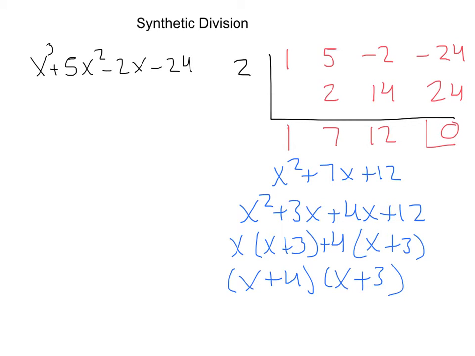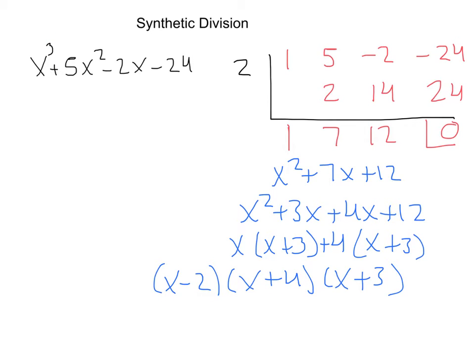The other thing we have to do is we had this 2 up here to begin with, and it's always going to be x minus whatever you had there. So x minus 2. If this was a negative 2, it would be x minus a negative 2, so it would be x plus 2. So this is going to be your factored form. It's a third degree, so it's going to have 3 factors.